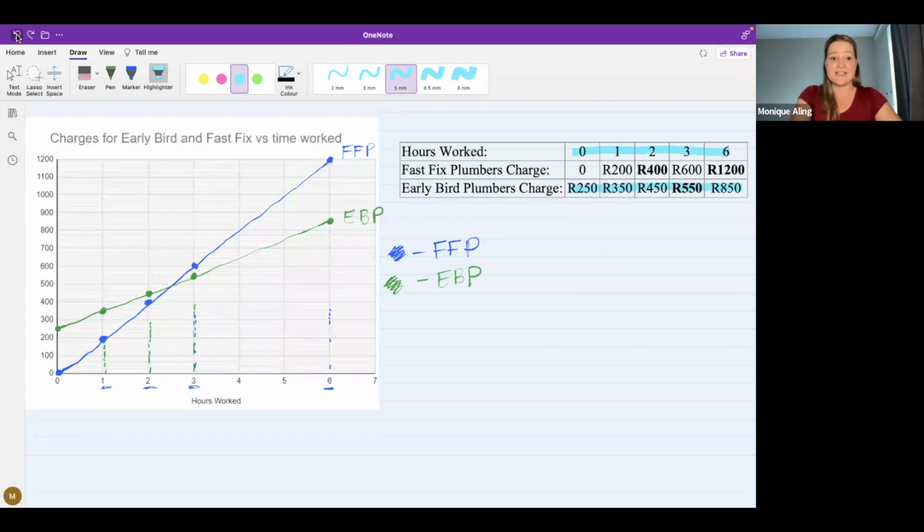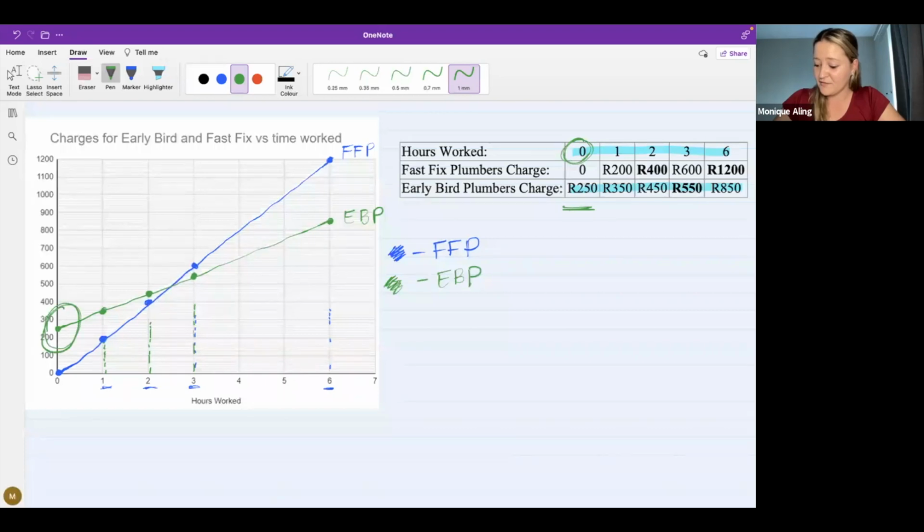So as you can see in the table, even if they don't end up working for very long, they don't even complete an hour, you still have to pay 250 Rand. Hence, on the graph, we start at 250 in line with 0. Okay, we don't start at 0 and 0 because they charge you 250 Rand before they even start working.